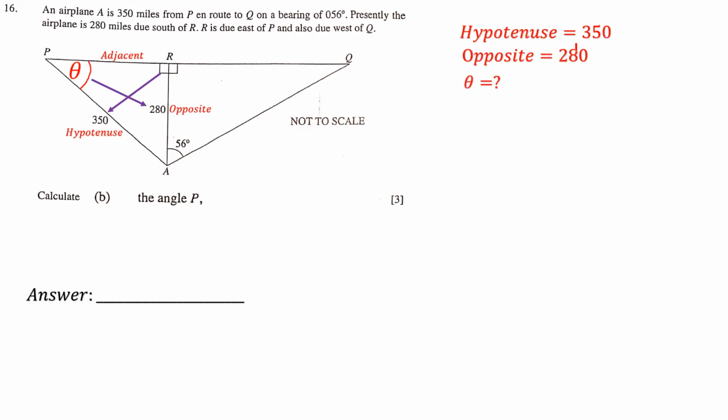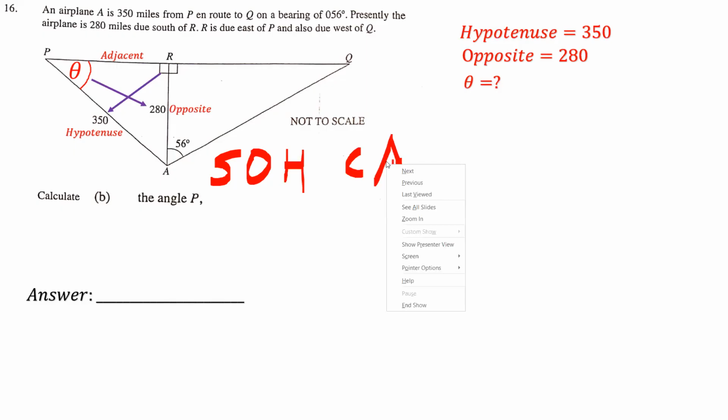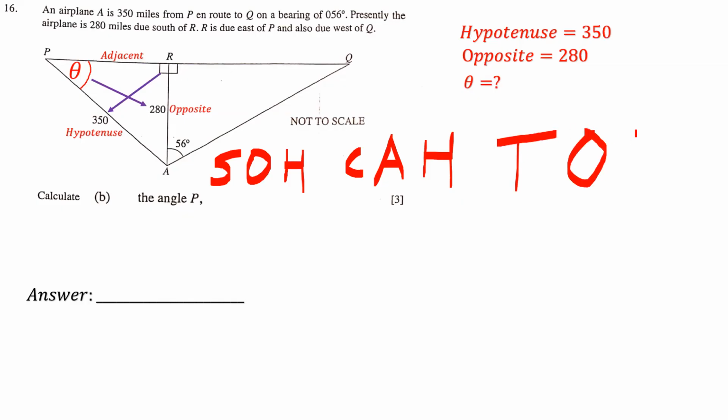And so let's use, remember the acronym SOHCAHTOA? SOHCAHTOA. This is what we're using right now. These are trig ratios. You either can use the sine ratio, the cosine ratio, or you could use the tangent.